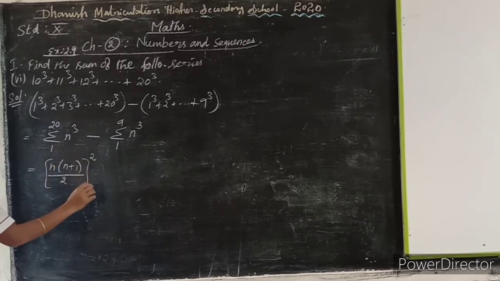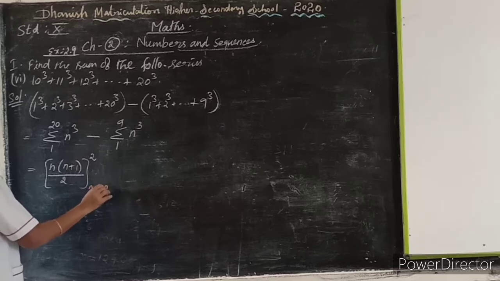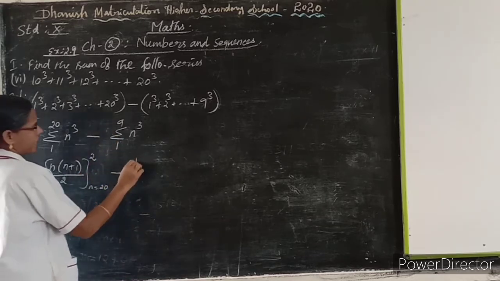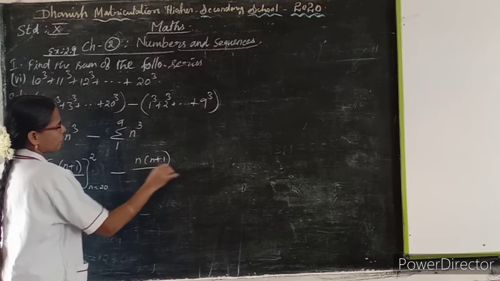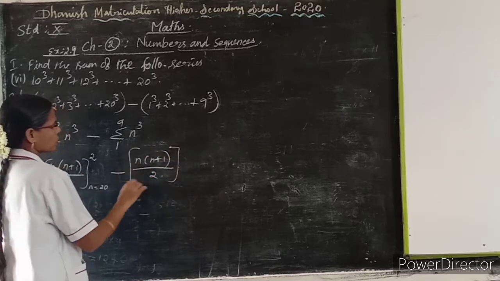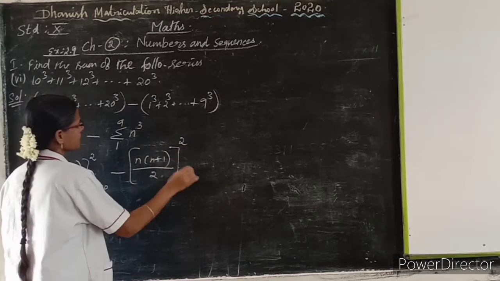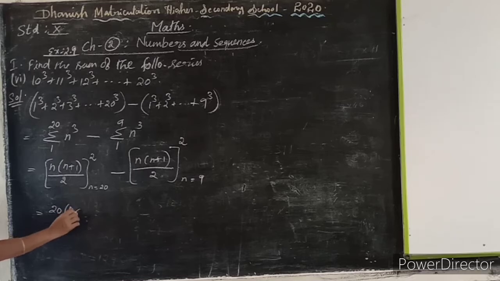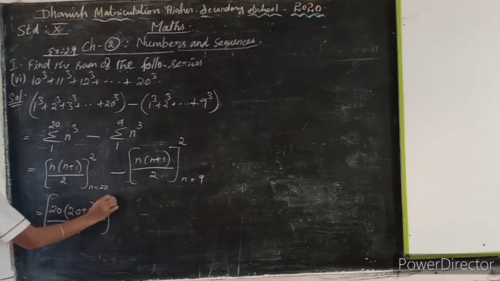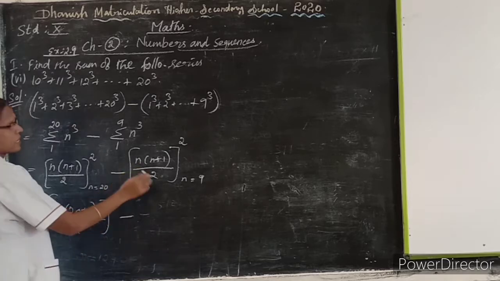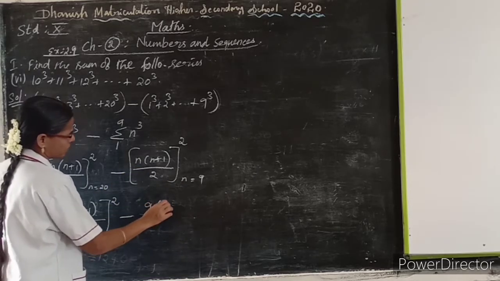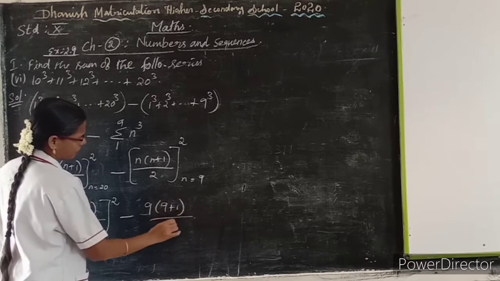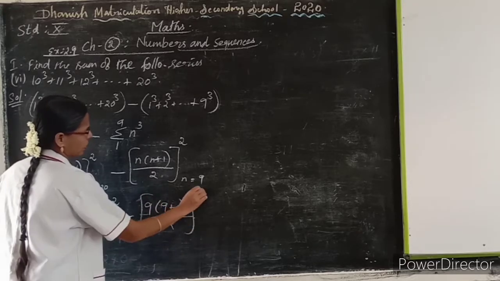Here our n is 20, minus n into n plus 1 by 2, the whole square, where our n is 9. Substitute n as 20: 20 into 20 plus 1 by 2 the whole square, minus 9 into 9 plus 1 by 2 the whole square.